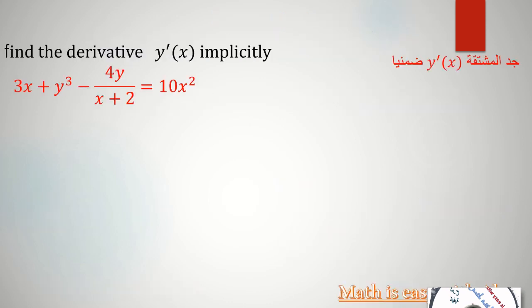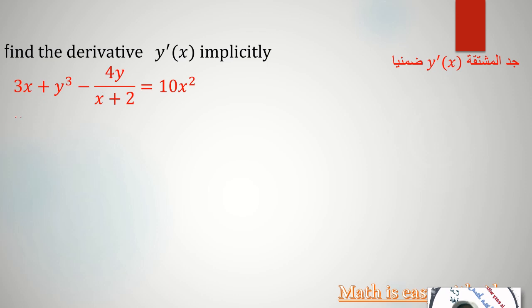With another example, how can we find the derivative y prime of x? 3x plus y cubed minus 4y over x plus 2 equals 10x squared. First of all, we'll multiply both sides by x plus 2 to remove the denominator.